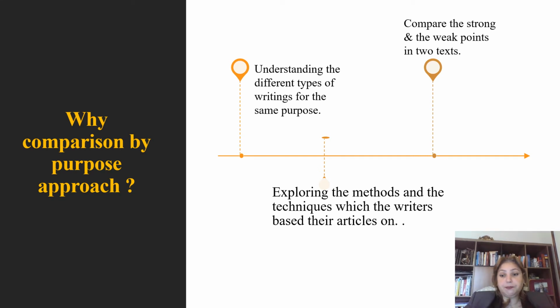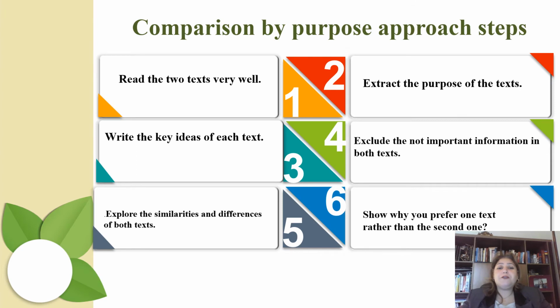So we have six steps to make a comparison by purpose in your text or among texts. The first step is to read the two texts very well. Before making the comparison between the texts, we need to read the two texts very well. The second step is to extract the purpose of the texts.